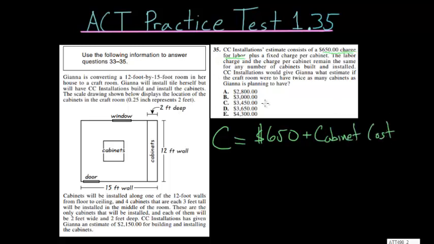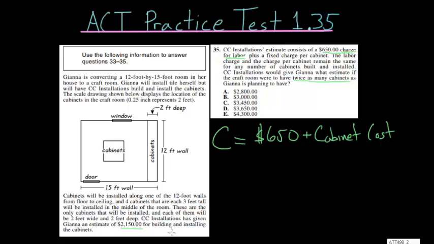Now, once we have this equation for the cost in general, we can go back to our problem here. We need to figure out how much we would have to pay CC Installations if Gianna instead ordered twice as many cabinets. We know that for the original amount of cabinets her cost was $2,150.